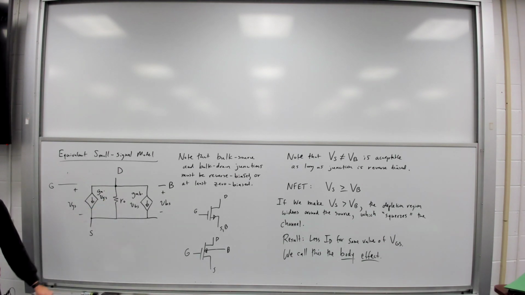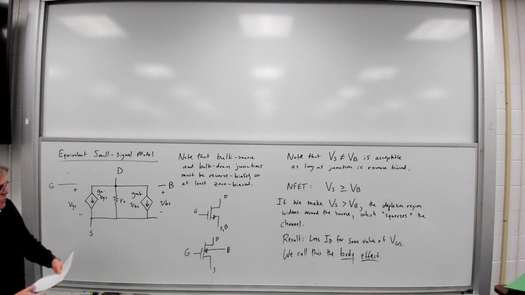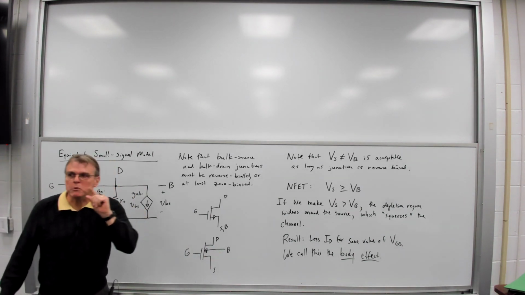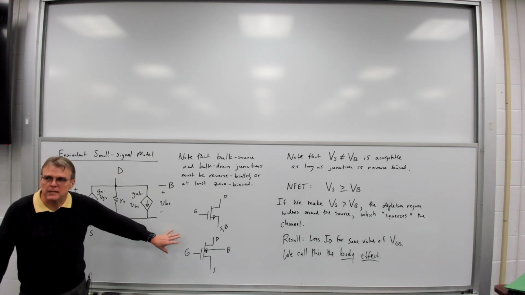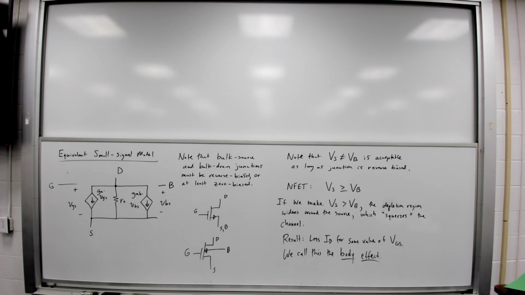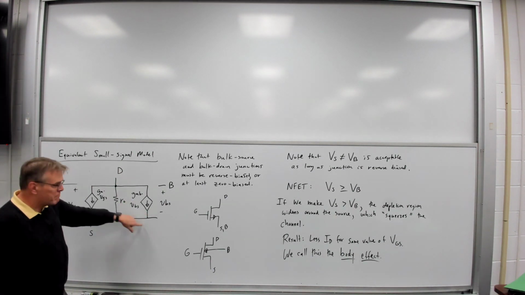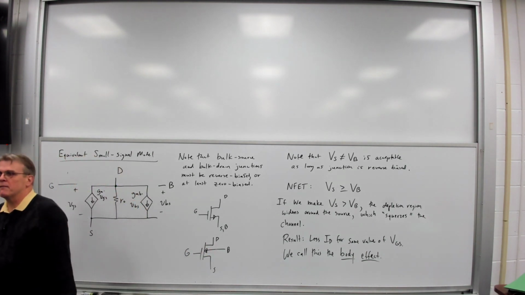Now, you don't get as much transconductance, but there is a particular advantage to using your bulk as your input terminal: you can build an amplifier that operates at a much lower minimum supply voltage. And so people have done very, very low power, low voltage designs using that body source transconductance in order to build very low voltage amplifiers.